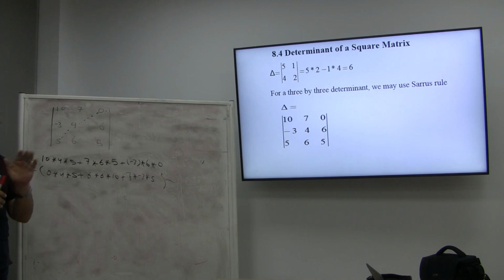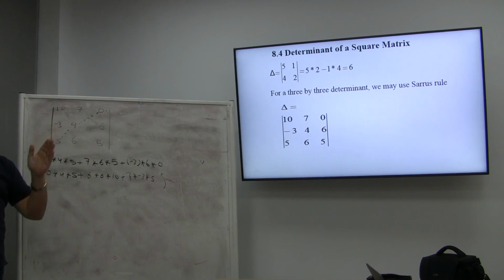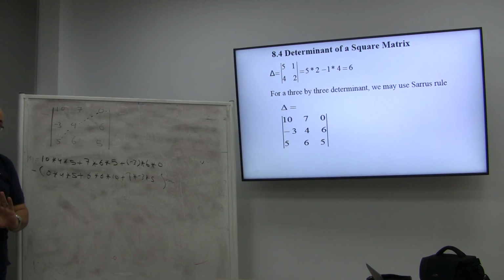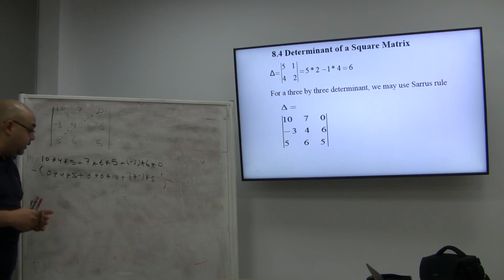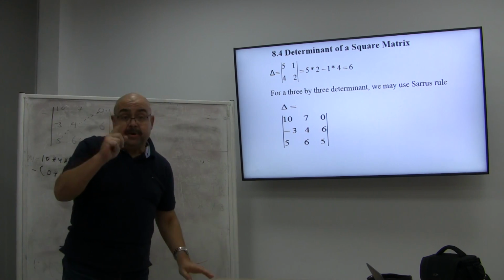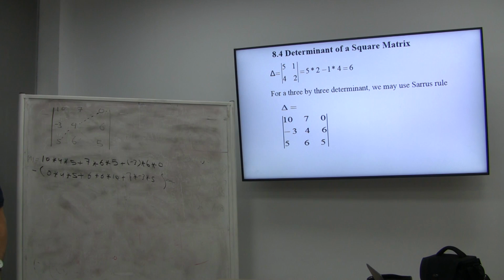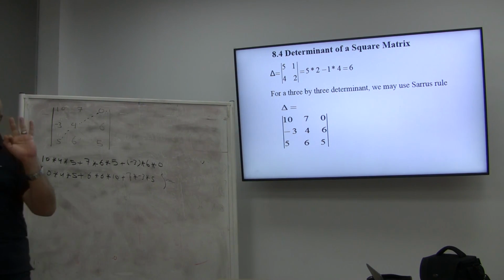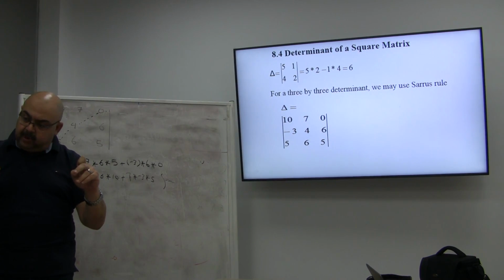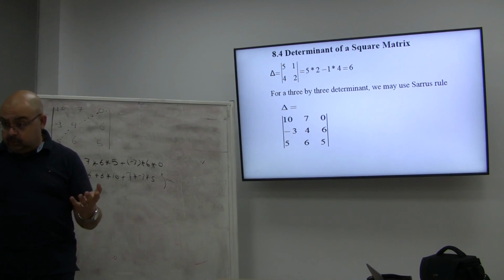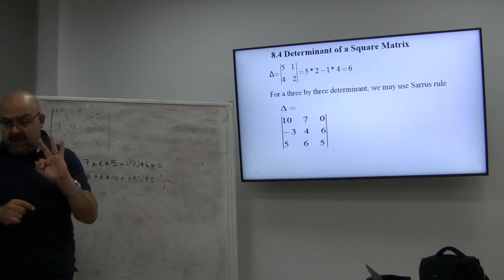The main rule is the cofactor rule: eliminating a row and a column, taking the smaller determinant, evaluating it, and going back. But remark, in order to evaluate a 3 by 3 determinant, I had to evaluate 3 determinants, each one of a smaller degree. So to evaluate one 3 by 3 determinant, I had to evaluate 3 2 by 2.